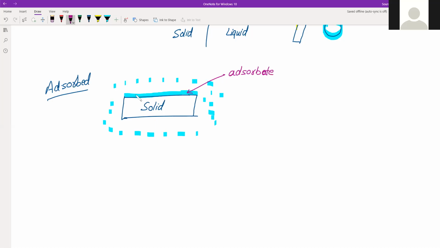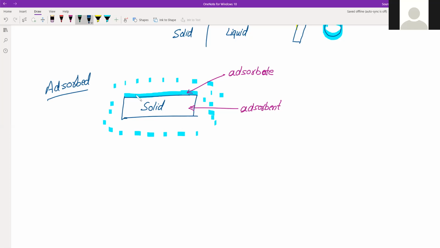Right? And the substance on which it is adsorbed is called adsorbent. So this is adsorbent. Right? So this is the difference. The substance on which the adsorption happens is called adsorbent, and the substance which gets adsorbed is called adsorbate.